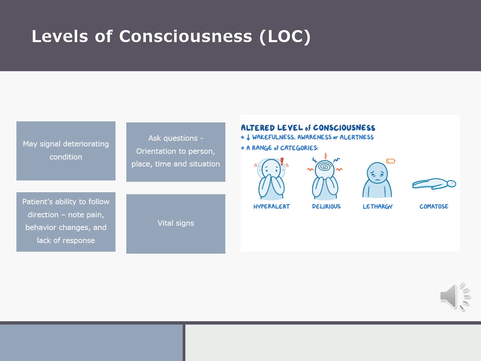A prompt and accurate response indicates orientation to person, place, time, and situation. Note any difficulty in responding, such as slow responses, word choice issues, or unusual irritability. Observing the patient's ability to follow instructions for positioning during the exam is essential. Note any pain during movement, behavioral changes, or lack of response, and report these observations to the attending physician.